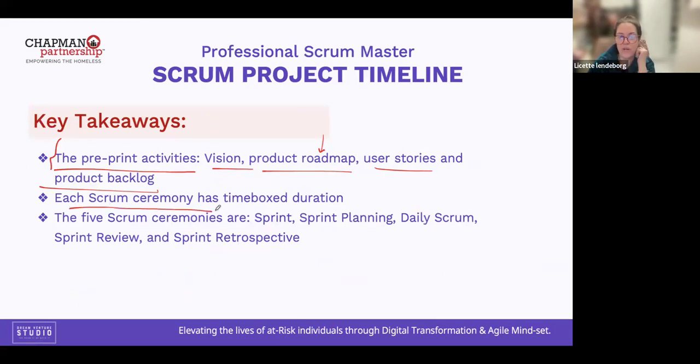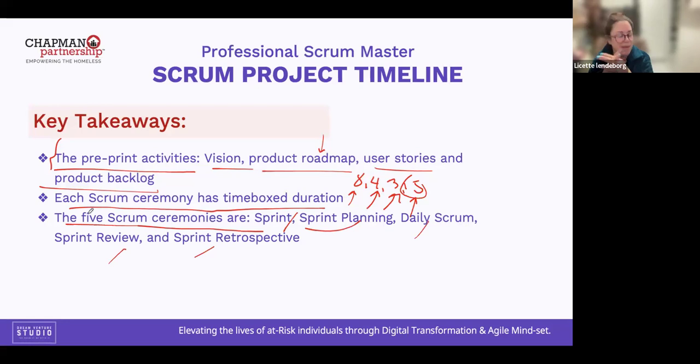Each Scrum ceremony has a time box duration: 8 hours, 4 hours, 3 hours, 15 minutes. 8 hours is sprint planning, 4 hours the demo, 3 hours the retrospective, and 15 minutes is the daily Scrum. So the 5 Scrum ceremonies are sprint, sprint planning, daily Scrum, sprint review, and retrospective. We finished in less than 30 minutes. Yeah. This is the week number 3 topic.